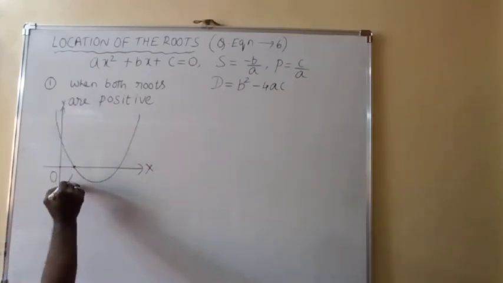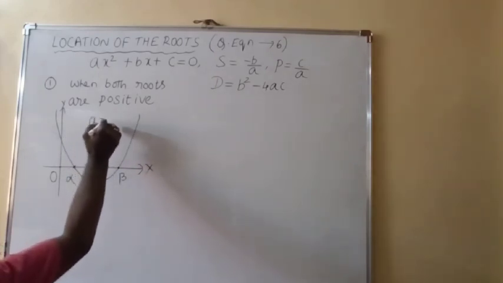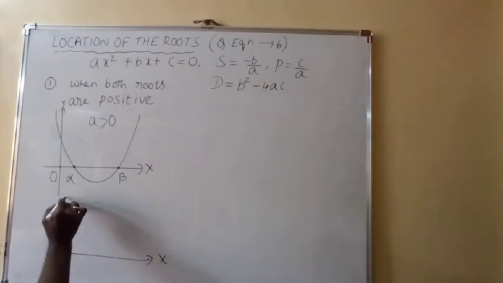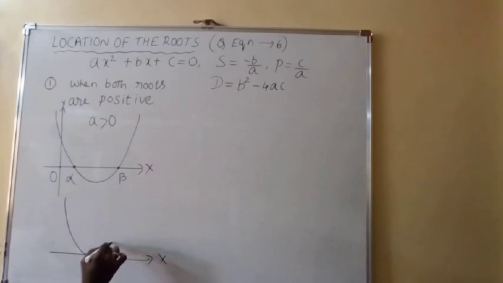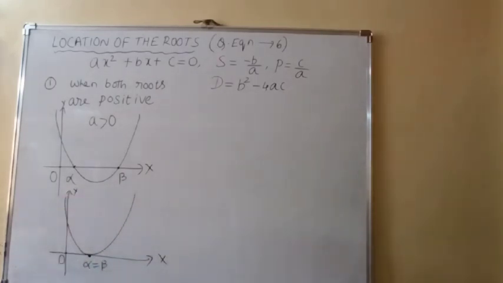So this is alpha, this is beta. This is the case when a is greater than 0. Or you may get it like this also. This is your alpha as well as beta.